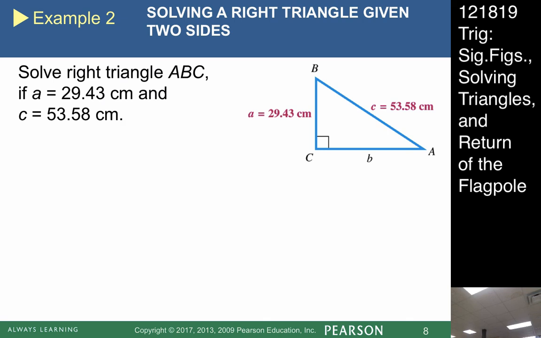And then secant of 33.3 is 53.58 over b. And then we could do the cotangent of 33.3 equals 29.43 over b. We're not done. That's 7 ways. There are 2 more ways. Those would be flipped.